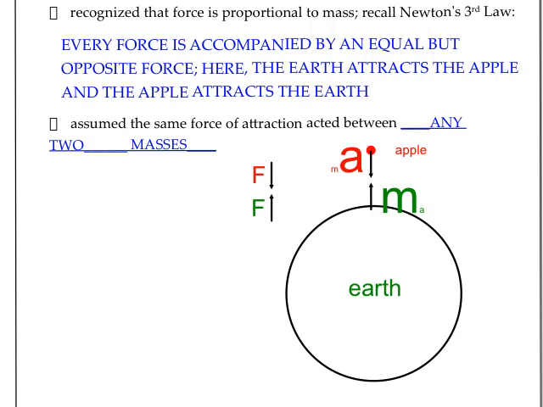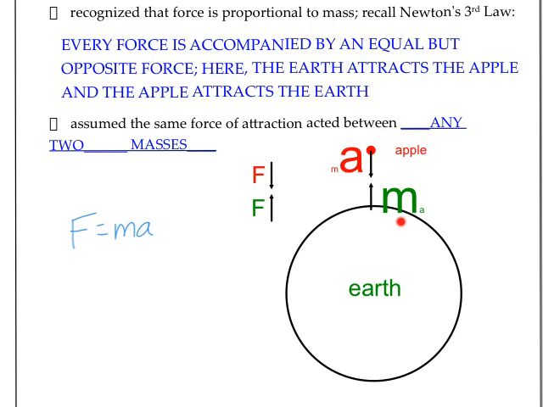And the reason for that, if we think about Newton's second law, how force is equal to mass times acceleration, is that the apple has a large acceleration compared to its little teeny mass. On the other hand, the Earth has a great big giant mass and a little teeny weeny acceleration that we don't quite notice.